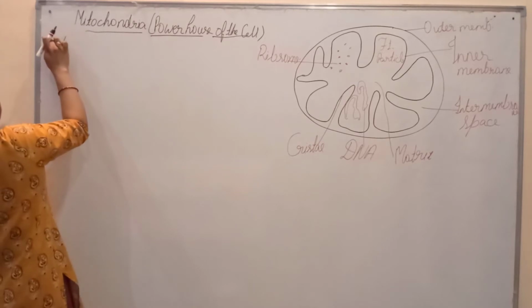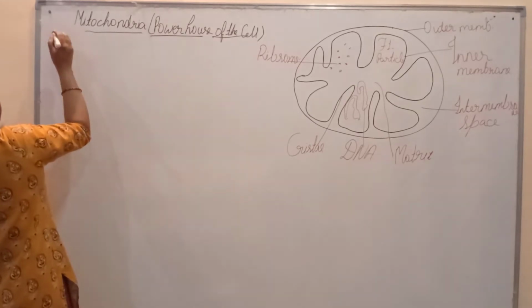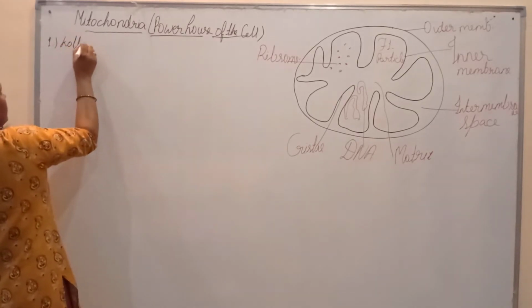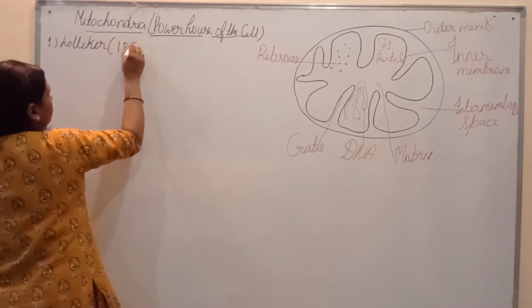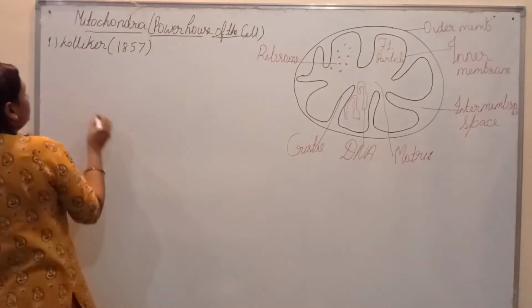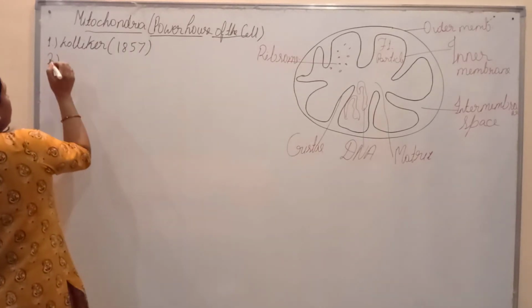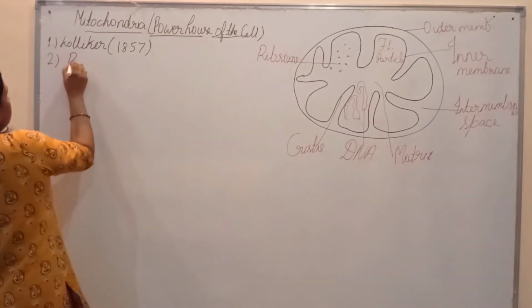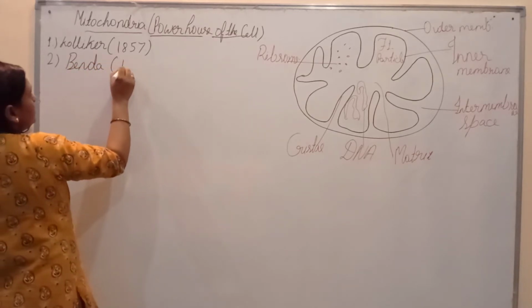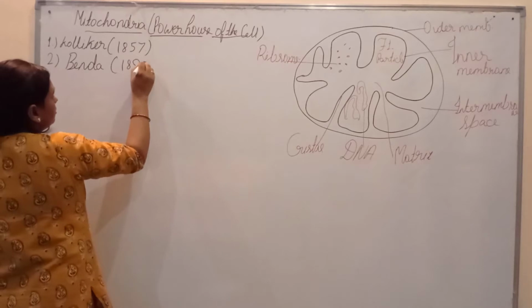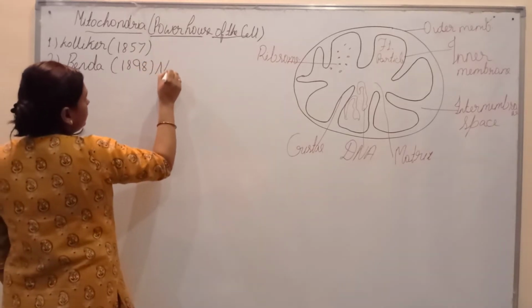Kolliker. Kolliker in the year 1857 discovered mitochondria, and Benda in the year 1898 named mitochondria.